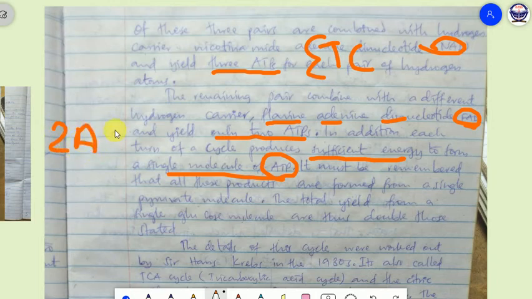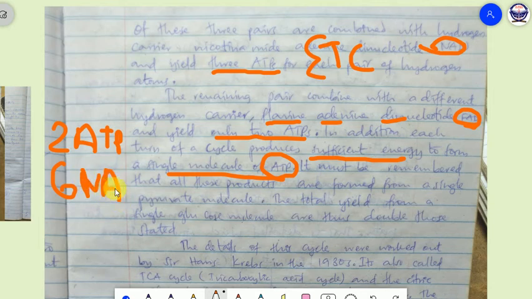Why 2 ATP? It is because we had 2 pyruvate from glycolysis. So each pyruvate will release 1 acetyl, 1 ATP, and then here we have 3 pairs of NADH. So times 2, we have how many? 6 NADH2.